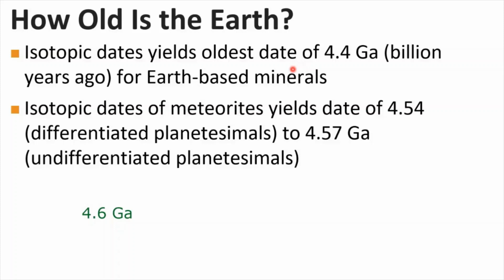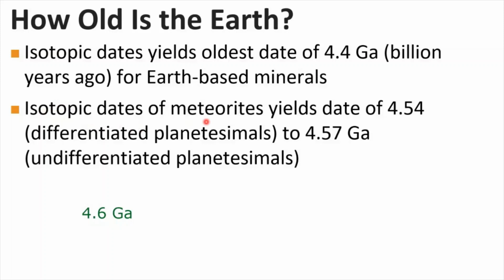Now, how do we get that age of 4.6 billion years when we're talking about the age of the Earth? That is from isotopic dating of solar system materials, okay? So when we talk about it in our next lecture, it's basically believed that the solar system formed at roughly the same time.